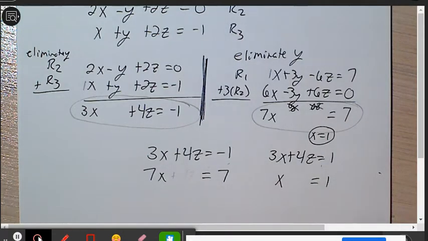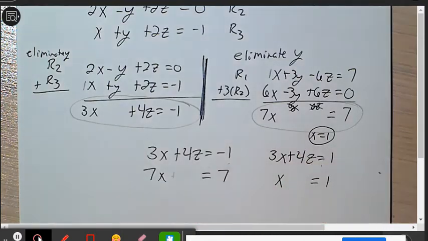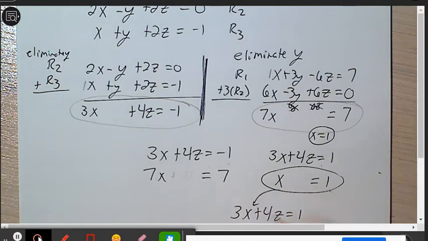Once you've got it down, now we just go back and do back substitution. We'll take this value that we have here, x equals 1, and plug it back into this equation that we've got right here to figure out what z is going to be. We're going to take this value and plug it in for x right here.